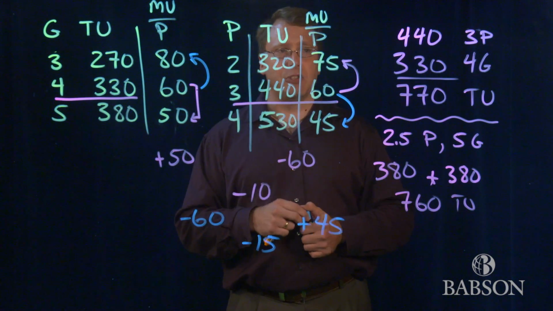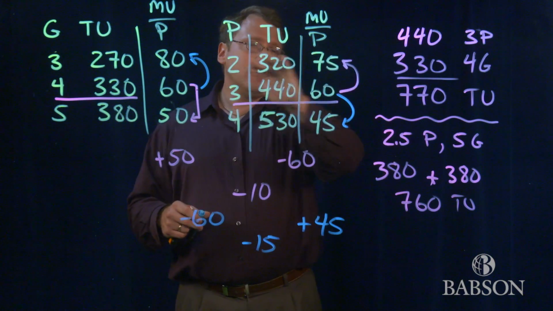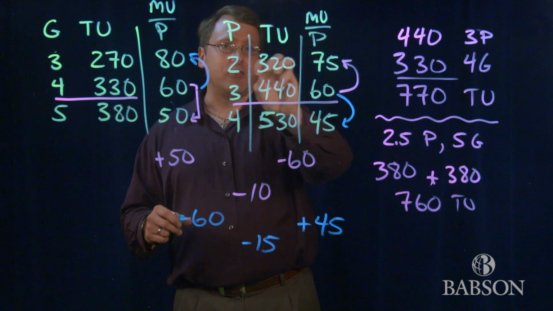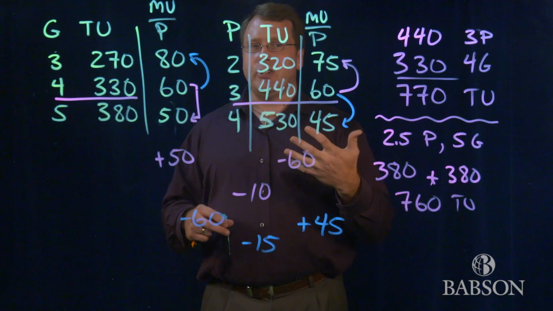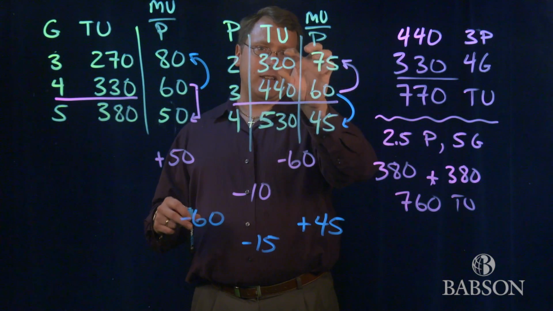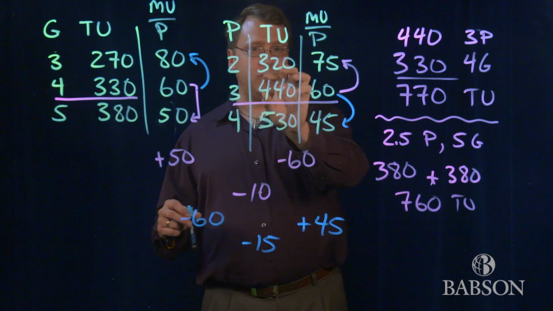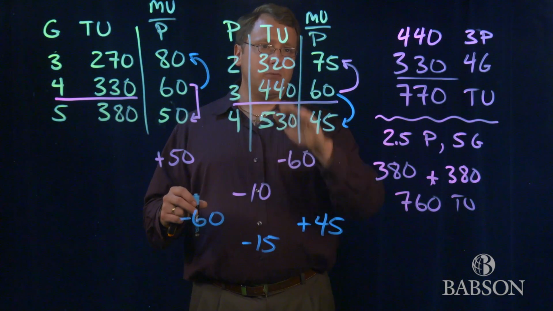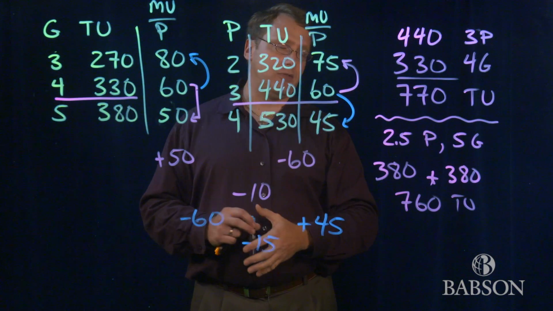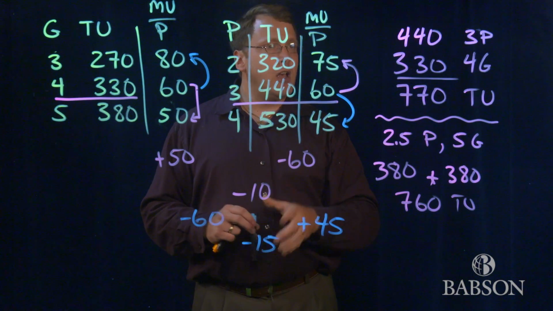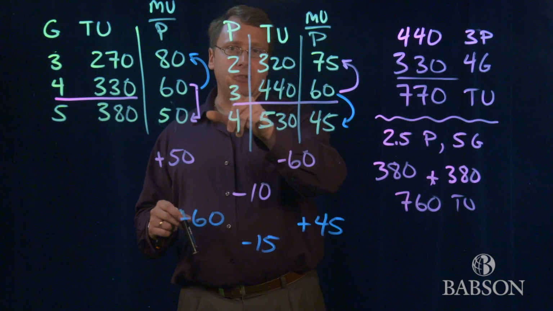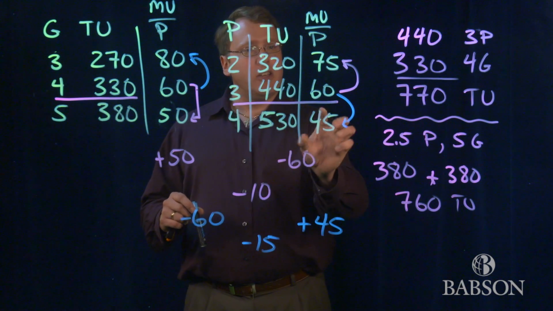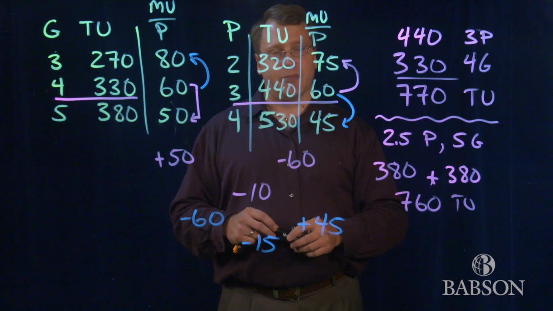There's another thing that you'll notice here. As consumption of, say, Pop-Tarts goes from 2 to 3, what do we see? A Pop-Tart's good, right? It goes from getting 320 units of utility to 440. And so we gain an extra 60 units of utility per dollar spent. But what happens as we go not from 2 to 3, but 3 to 4? You'll see that that marginal utility gets smaller.